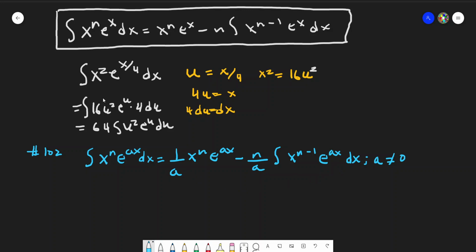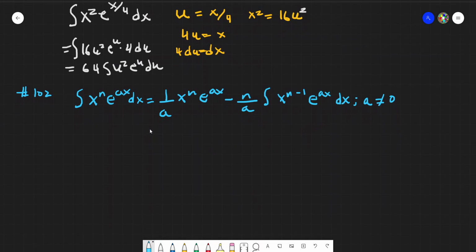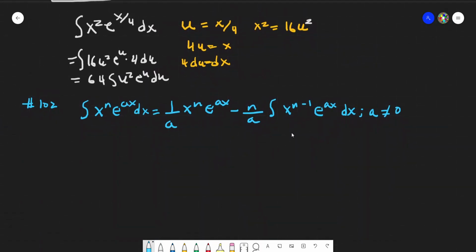So the question now becomes, how do we solve the exact same integral by using this formula that we have right here? So notice that in either case we have that n is equal to 2, but what is a equal to? Well, a is equal to 1/4.